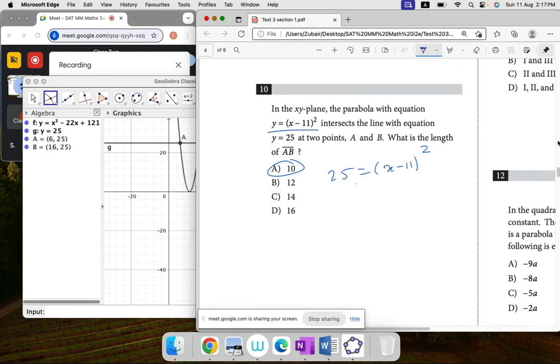Already done. On the other hand, the solution would have been a square minus 2ab plus b square and then all this stuff and finding x.